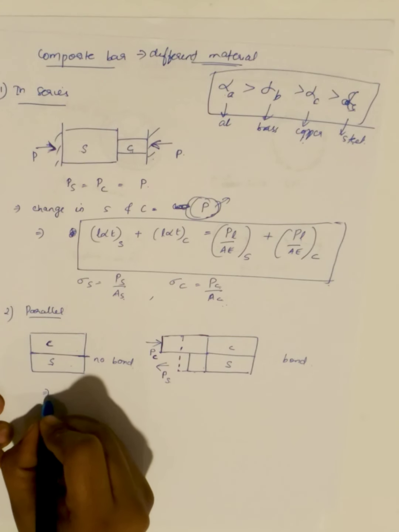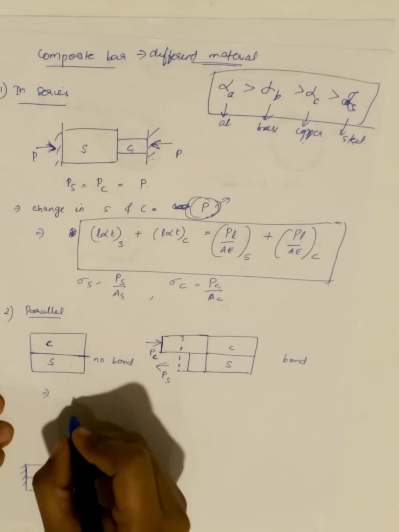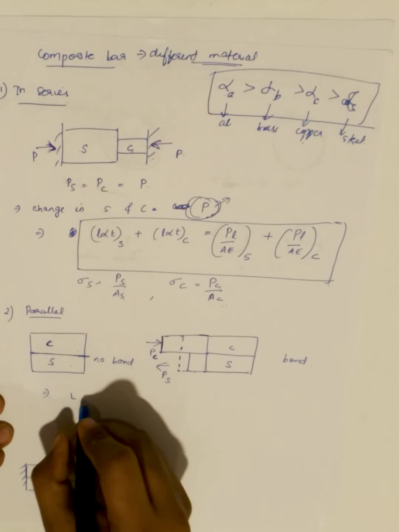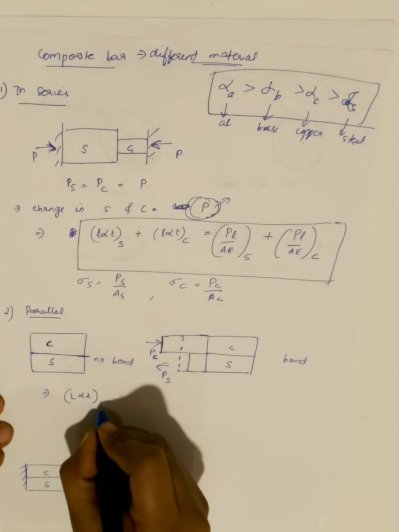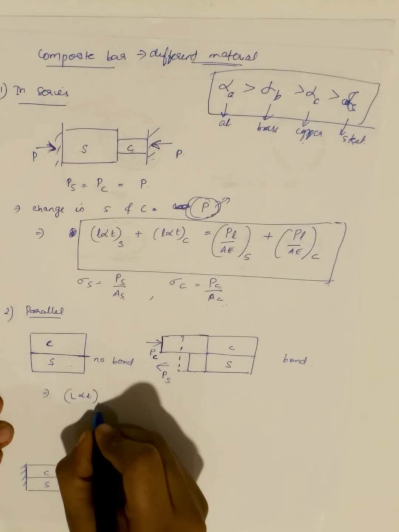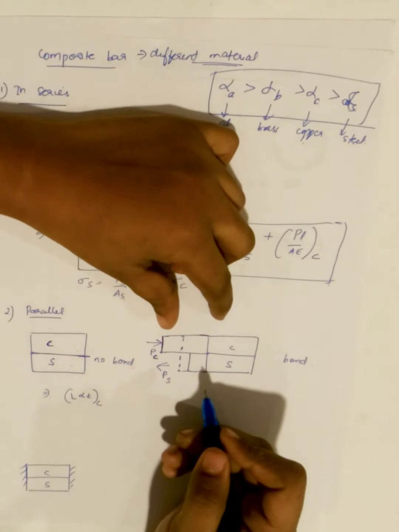See here, there will be an L alpha T developed now, L alpha T of copper, this much is developed.